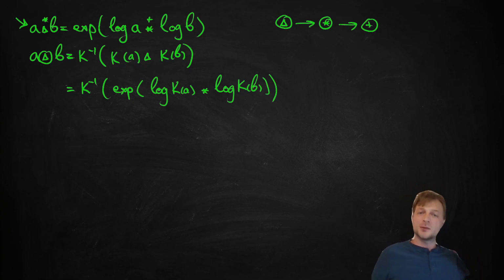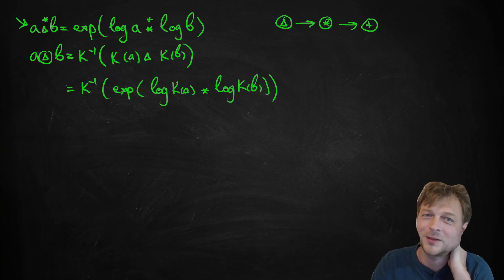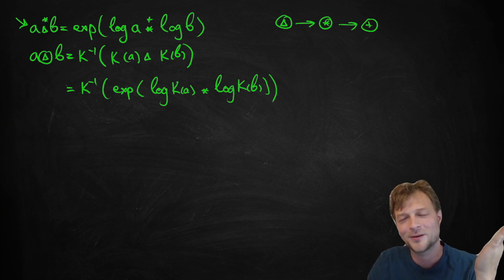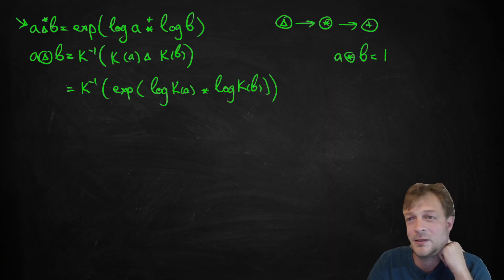Okay, so now we have multiplication, and our task is to express multiplication in terms of circular multiplication. For circular multiplication, we have what? Again, just quickly we'll repeat the expression.